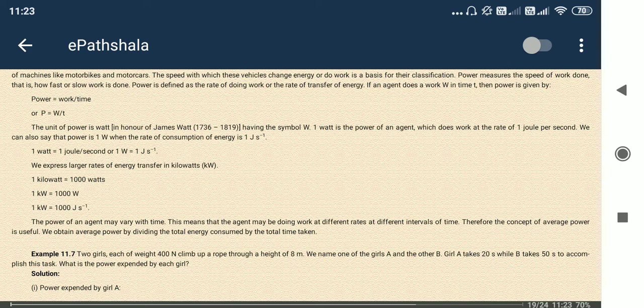One man doing 5 joule of work in 1 second and another man doing 5 joule of work in 2 seconds: the one doing 5 joule in 1 second is more powerful. The unit of power is watt, in SI unit 1 joule per second. 1 kilowatt means 10 to the power 3, or 1000 watt.